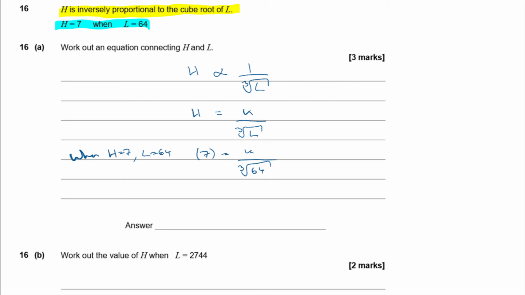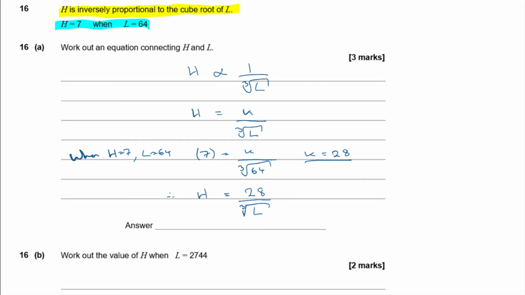Now I know the cube root of 64 is equal to 4, so cross multiplying, K is equal to 4 lots of 7, isn't it? It's going to be 28. Therefore the equation linking H and L is H equals 28 divided by the cube root of L.